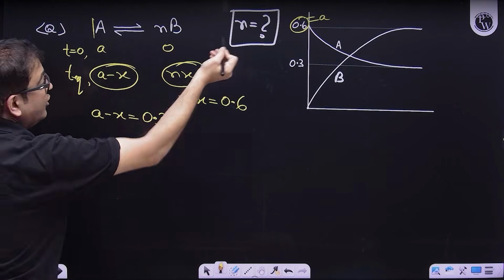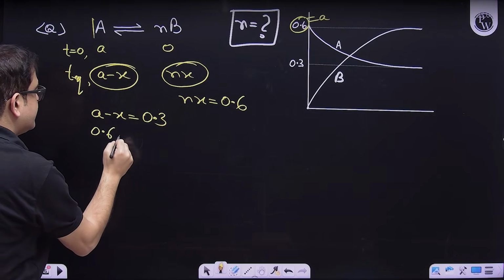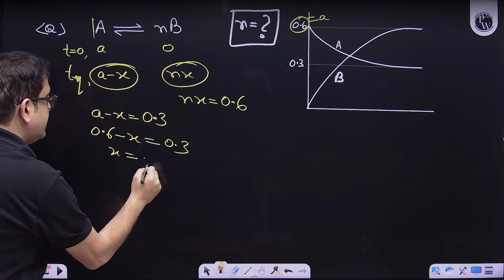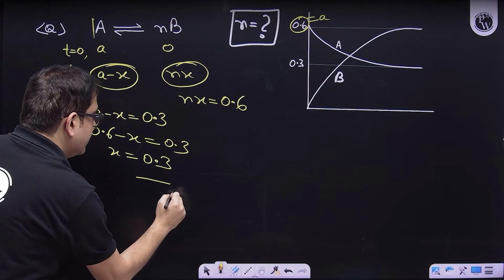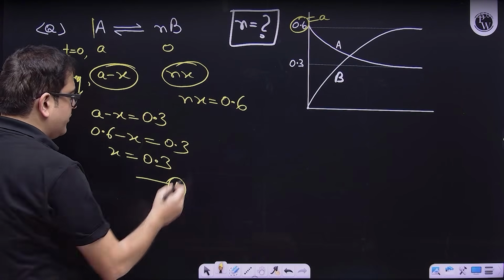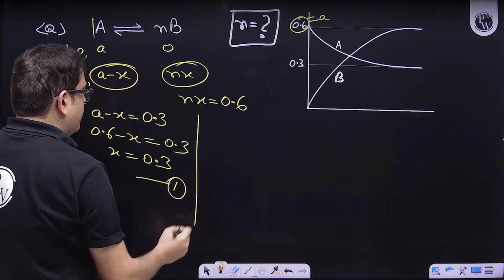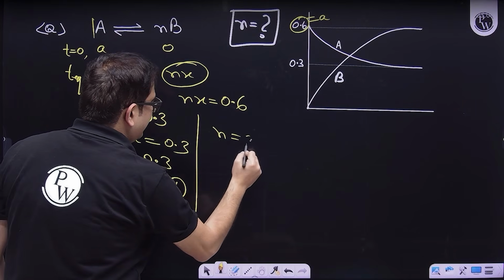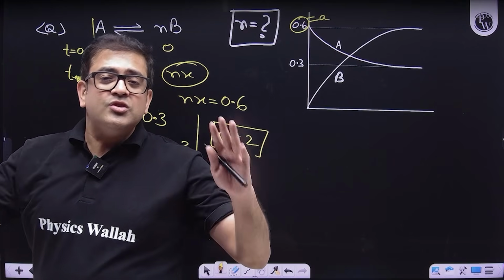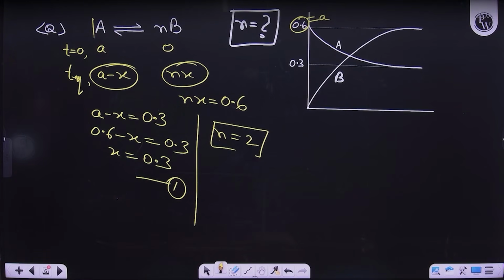So putting the value of a, 0.6 minus x equals 0.3. So x equals 0.3. This is equation 1. Use the value of x over here. So if x is 0.3, what is n? Clearly visible. It is 2. So these questions you can do like this.